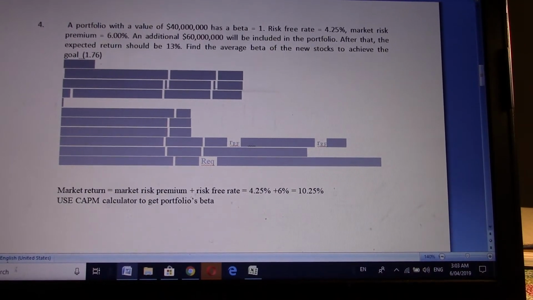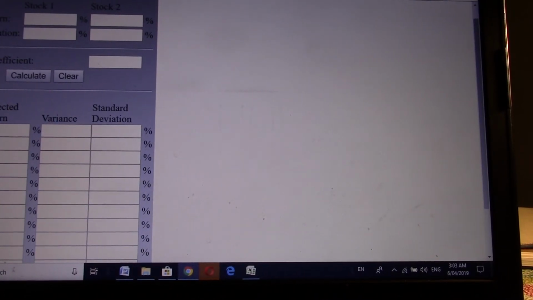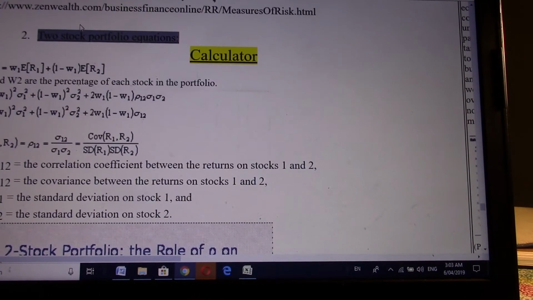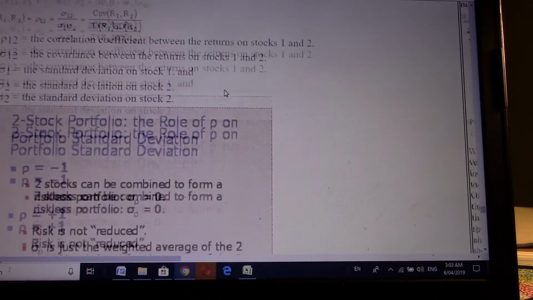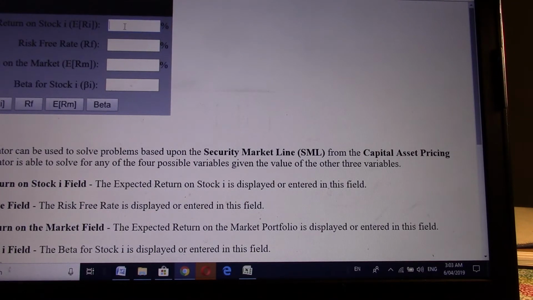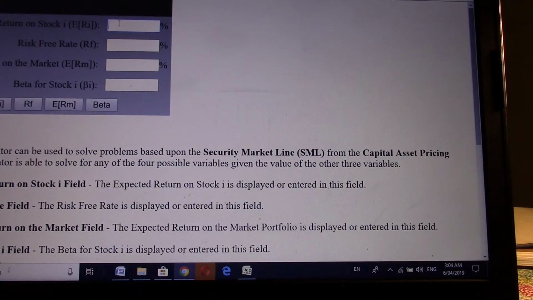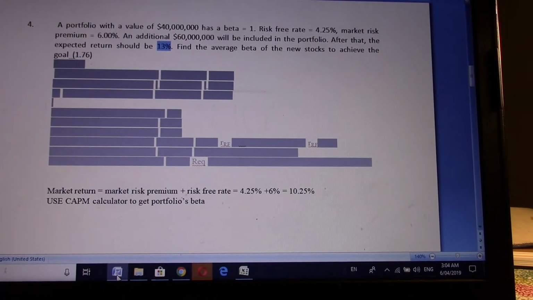Okay, so now let's go to the CAPM model. Expected return is given. We know that's 13%, so the portfolio has a 13% return. The risk-free rate is 4.25.